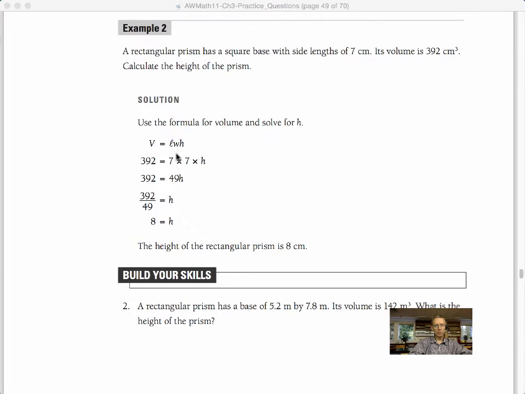Example 2. A rectangular prism has a square base with side length 7. Its volume is 392 cubic centimeters. Calculate the height of the prism. It's always good to draw a diagram just so you know what it looks like, and you can refer to it as you calculate it. So we have a square base, and it's got a certain height, which we don't know.